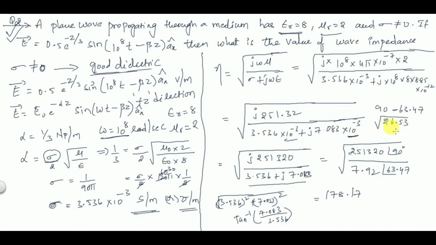It is under root, right? When the angle is under root, as I have told you, a root of angle theta is equal to theta by 2. So angle of 26.53 divided by 2 will be around 13.27 degrees. Okay, so this will be the value of eta in ohms.